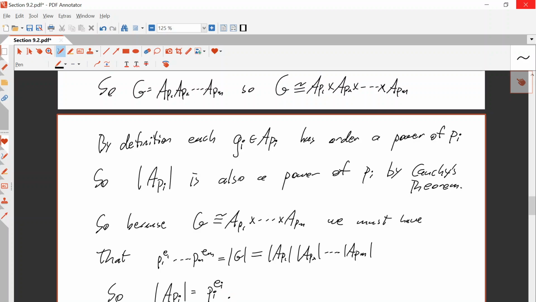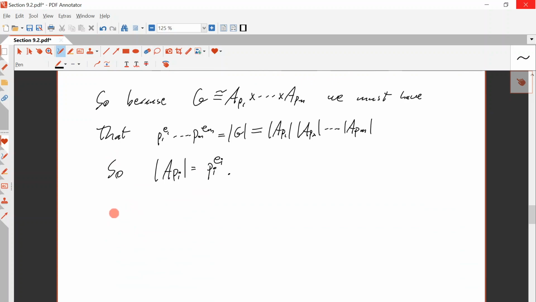All right. So G is isomorphic to a direct sum of groups of prime power order. Now all we have to do is show that every group of prime power order is isomorphic to a direct product of cyclic groups. So let's write that down. So every abelian group is isomorphic to a direct sum of groups of prime power order.